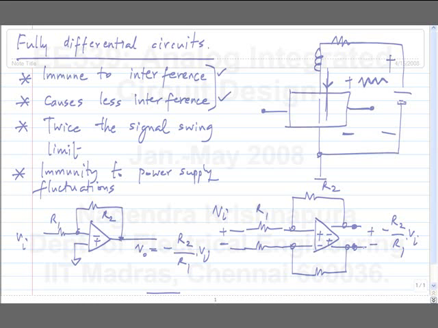Okay. So Vi is between these two, Vout is between these two. What will be the common mode voltage of the outputs? Actually, this circuit is incomplete, meaning there has to be some arrangement to take care of the common mode voltage.